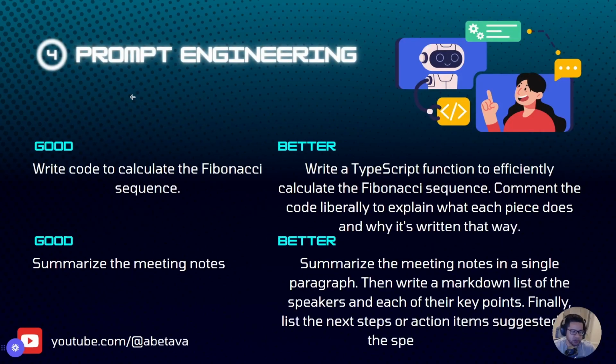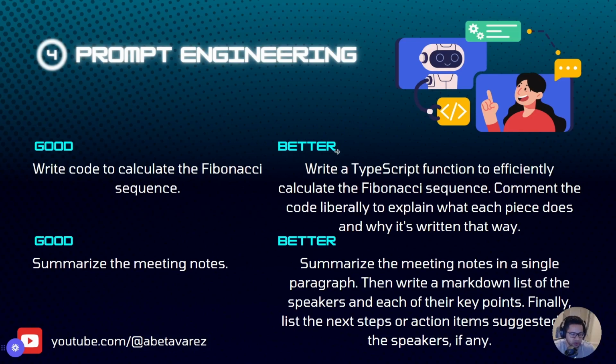Here we have a few examples to compare now. A good prompt would be: write code to calculate the Fibonacci sequence. That's a good prompt. It's okay. You can start very basic, and then you can look at the output and rewrite your prompt to get a better output.